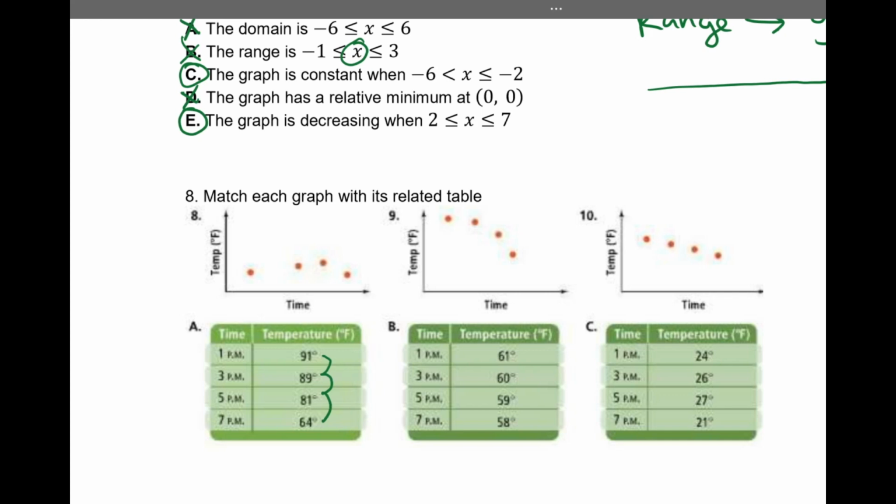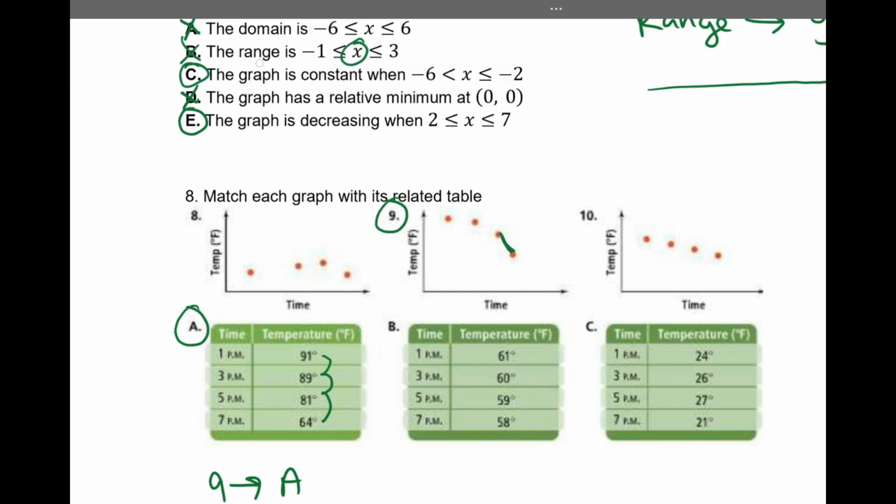So does it match with this one? Not really. It doesn't match with this one. Yeah, I would say so. I would say that this drop right here is pretty big. So A would be 9. Okay.